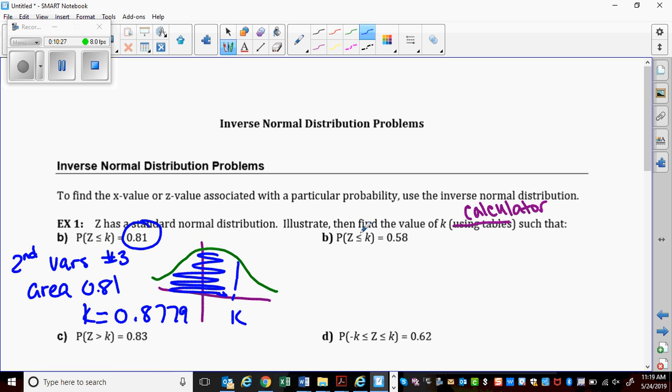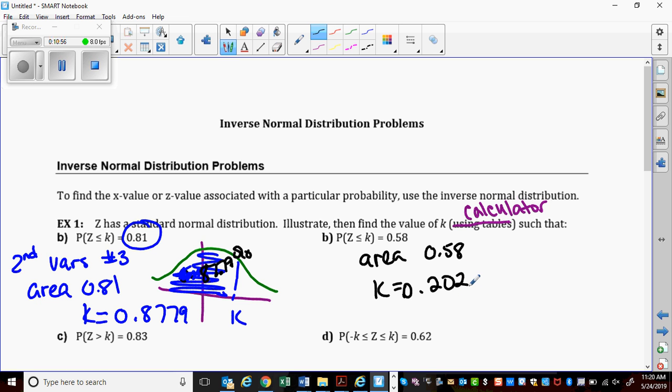All right. Now let's try B. This one is very similar. We're just going to plug in the area. The area in this one is 0.58, and then just keep on pressing enter, and you're going to get your k value is 0.2018. So I'm going to put 0.202.